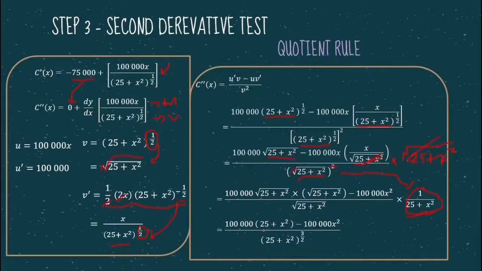We can see this is power of 1 because this square root is actually 1 over 2, and we can add it with 1 over 2 also, because multiplying the same base means adding the powers, so here we get 1, and the same goes here, this 1 over 2 and this is 1, so 1 over 2 plus 1 will be 3 over 2, and after that I expand this part.